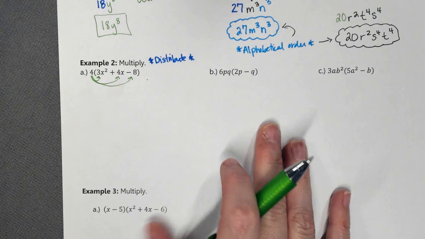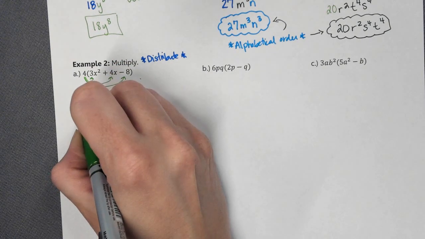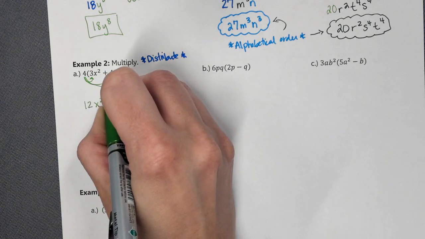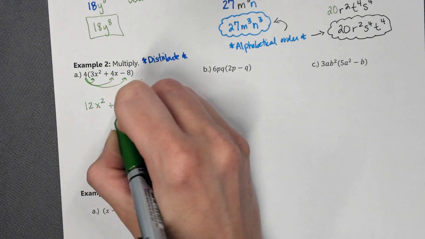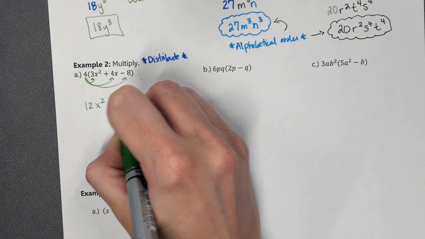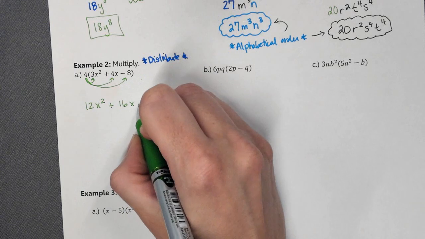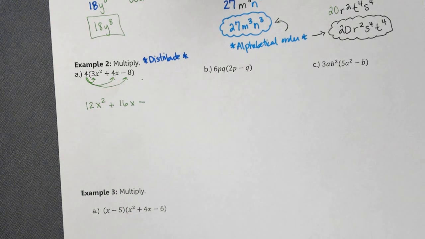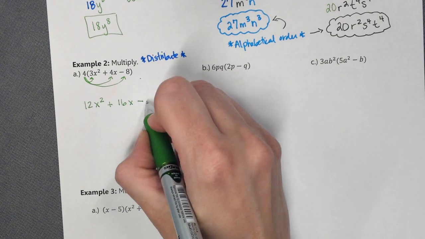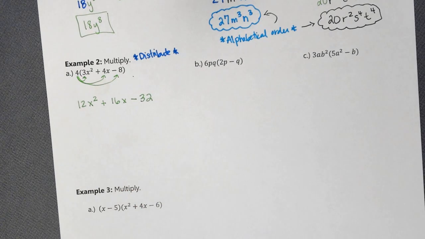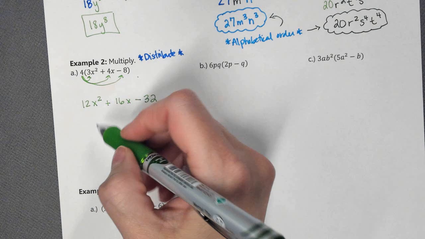What's 4 times 3? 12, so it's 12x squared. The next one would be 4 times 4, which is 16. Good. And then the last one is 4 times negative 8. So this is going to be a negative value. What's 8 times 4? 32. Good. So then this is going to be your final answer.